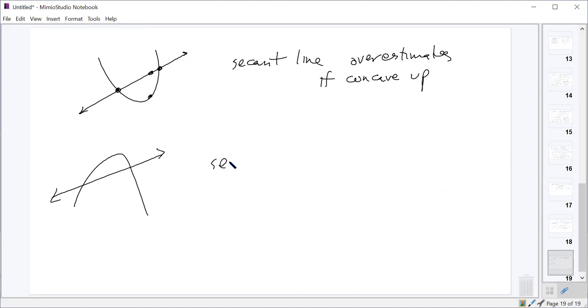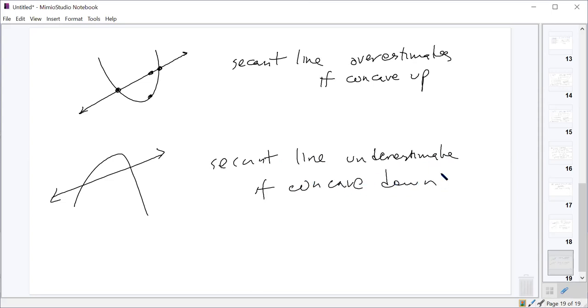And here a secant line should underestimate if concave down. And those are all things that are relatively commonly asked on the AP test.